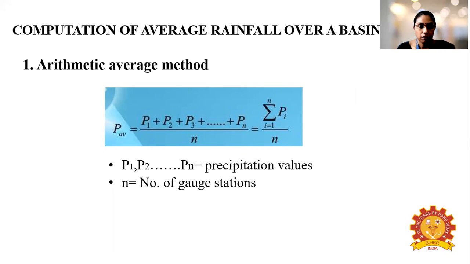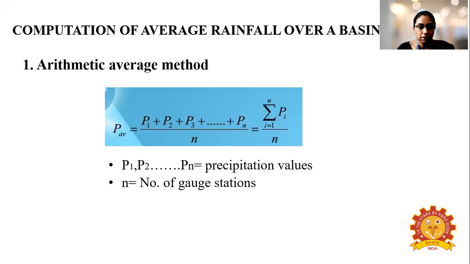So here, by using this formula, we can calculate the average rainfall over the area. That is, average precipitation, which is denoted by P_AV, is equal to P1 plus P2 plus P3 up to Pn divided by n.